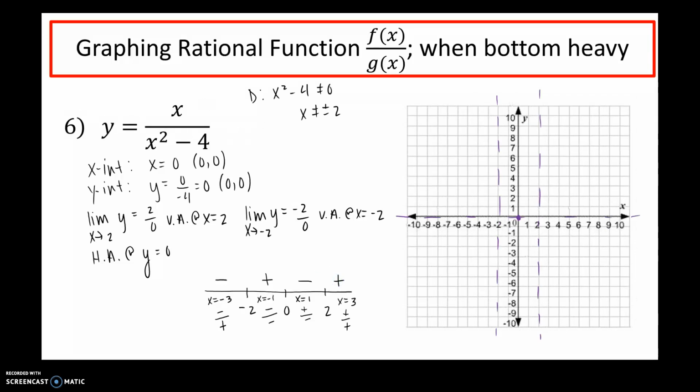Okay, so now this one's going to look a little different between our vertical asymptotes, so don't just go sketching away. Below the x-axis to the left of negative 2. Okay, that shape, we've really done that shape a lot. Between negative 2 and 0, you have to be above the x-axis, but between 0 and 2, you have to be below the x-axis.